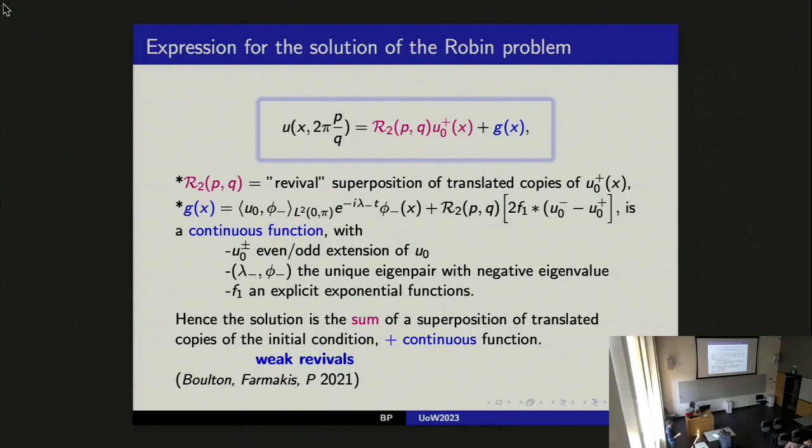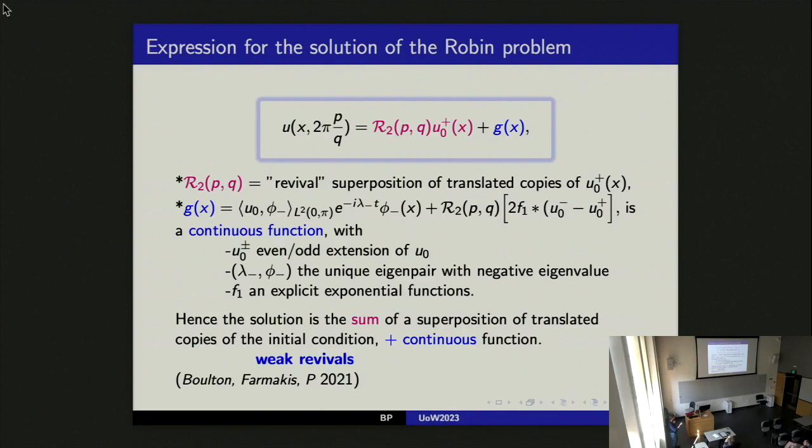Okay, so we can explain why that is. It's due to the fact that the spectral structure of the Schrödinger operator with this Robin boundary condition has a unique negative eigenvalue that produces a continuous part in the solution.